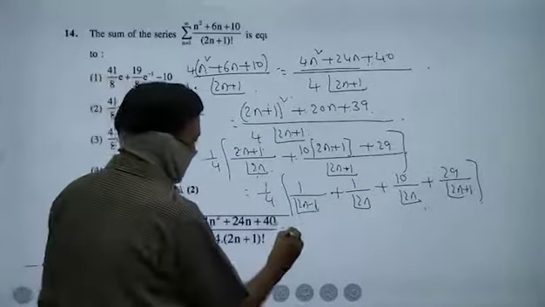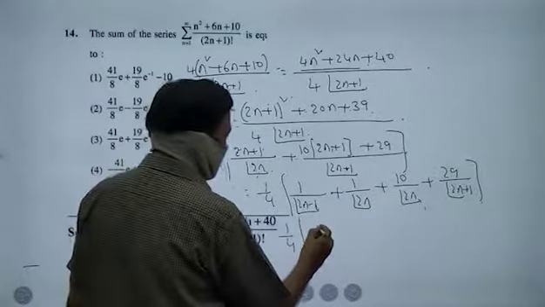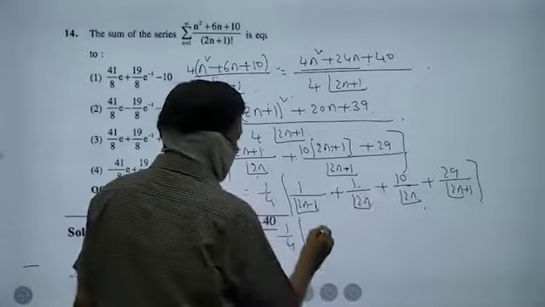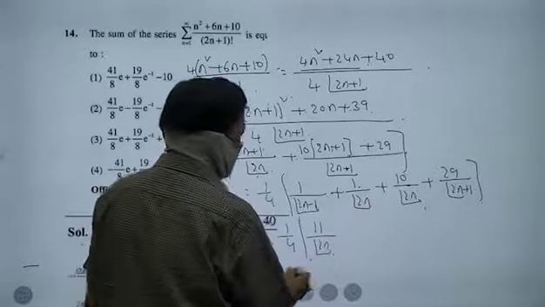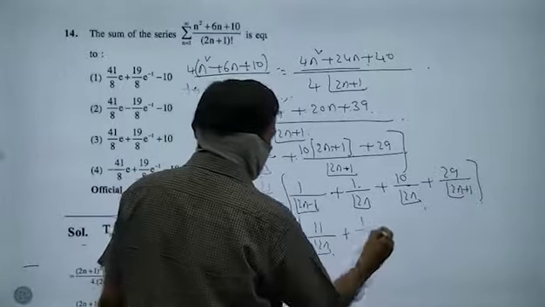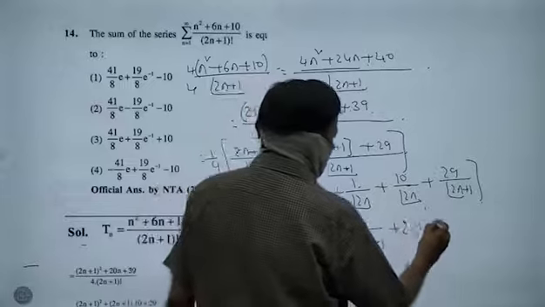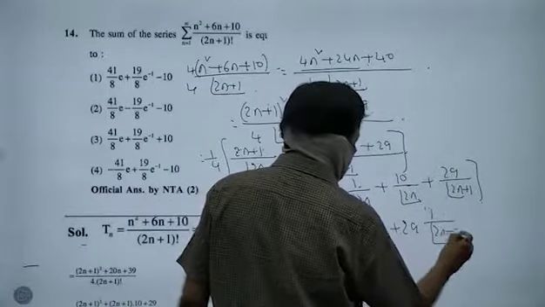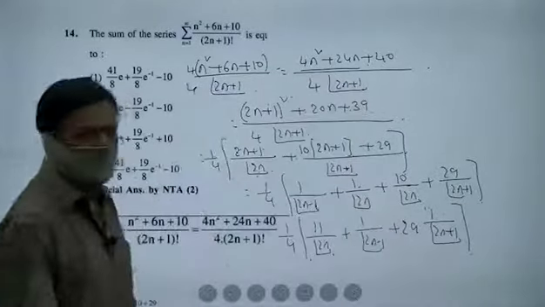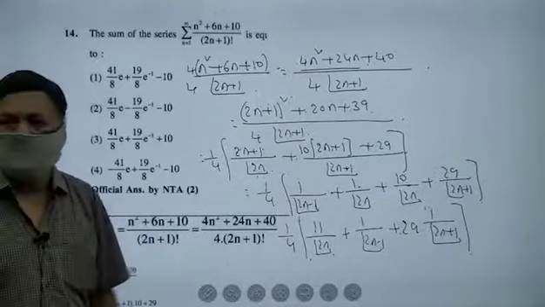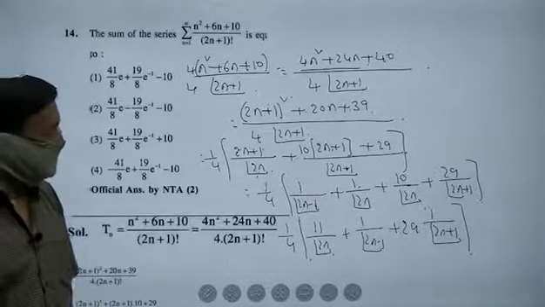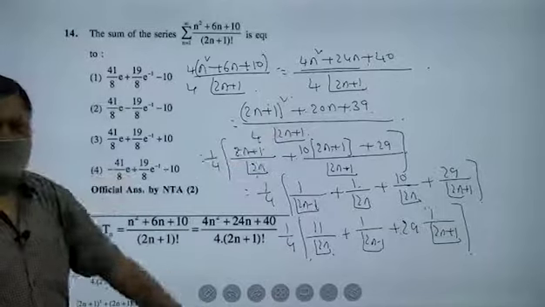We simplify this: 1 by 4 into these two, 11 by factorial 2n, 1 by factorial 2n minus 1 by factorial 2n. Okay, right? This is your nth term simplification.